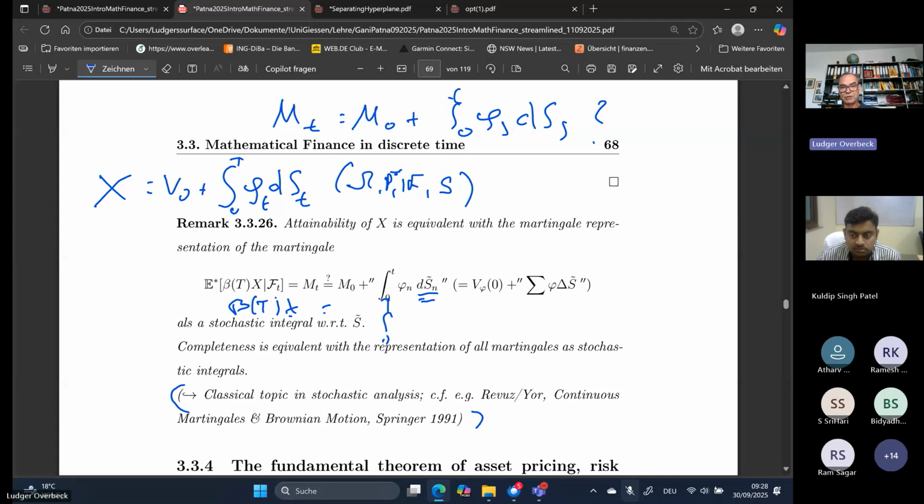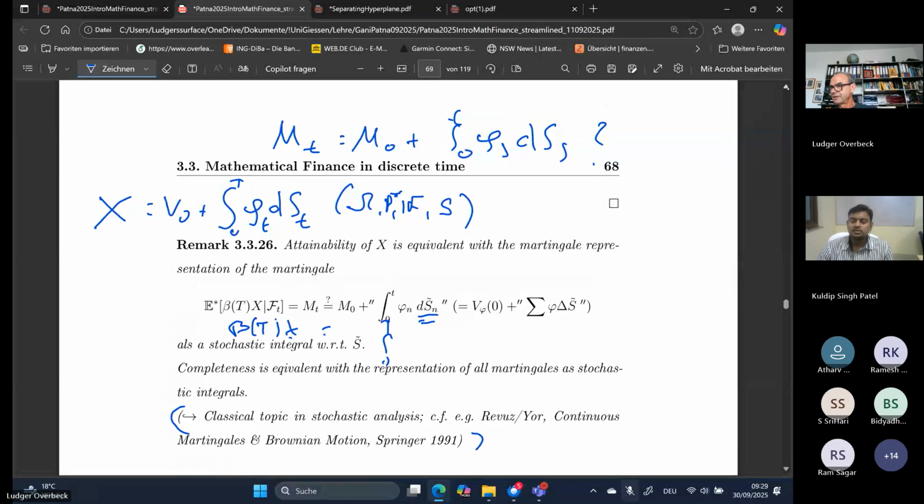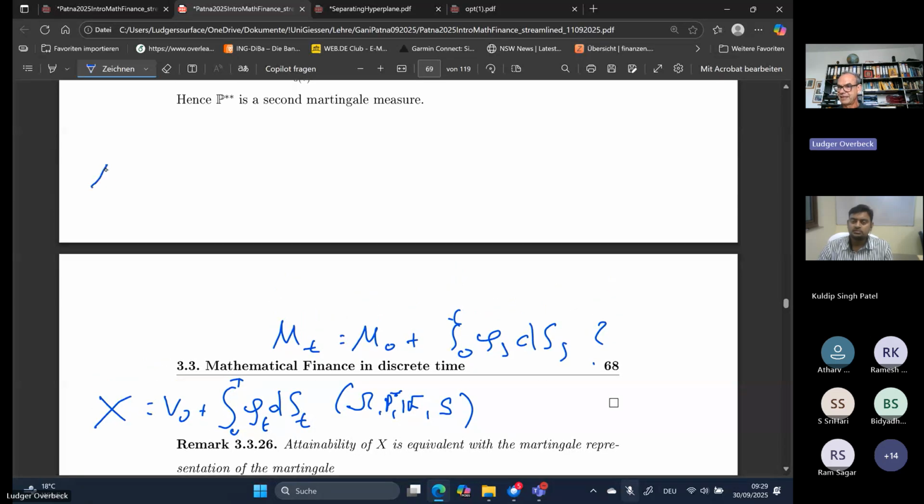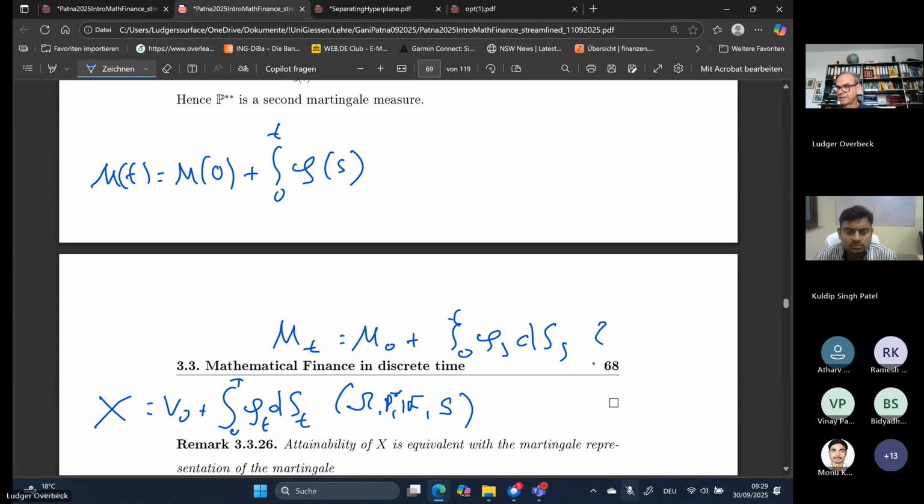Yeah, this reminds you of a theorem you have all learned. Another fundamental theorem. I write it differently. I write it as M of t equals M of 0 plus integral from 0 to t of phi of s dS sub s.